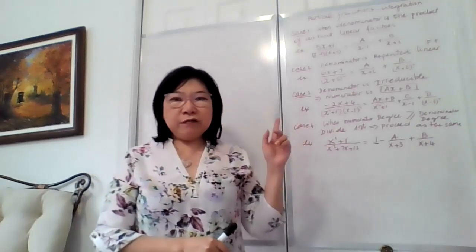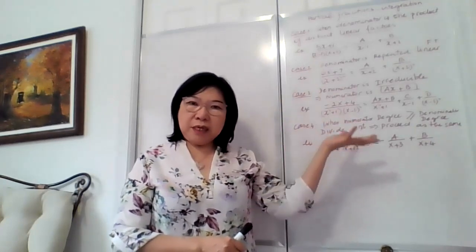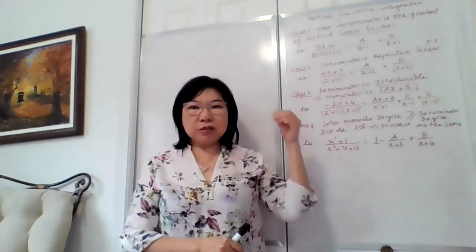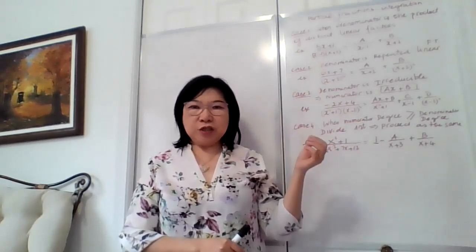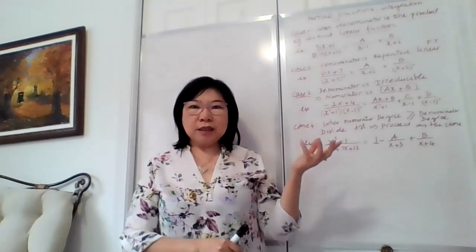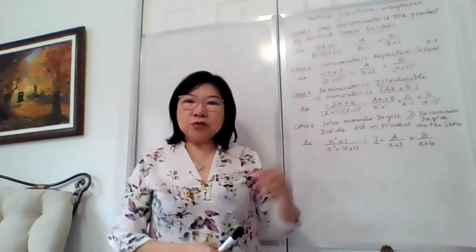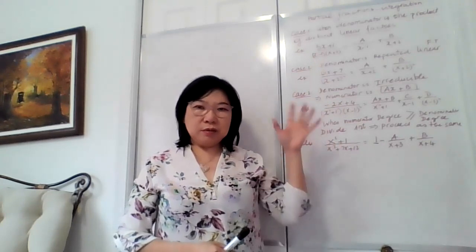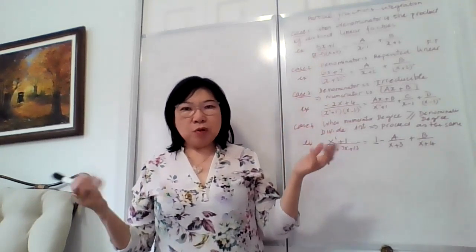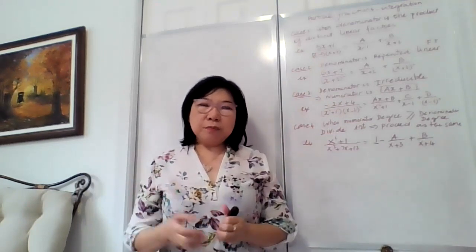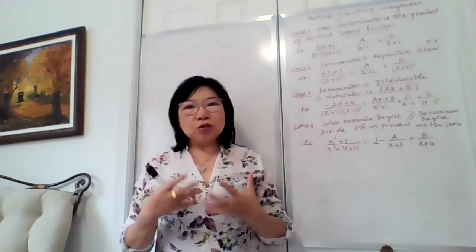So on the board on my right-hand side, I have written the summary of the partial fractions and how we do that. I would like to introduce the general idea first before I jump into the example. If you just learn the example from me, you might not notice it.